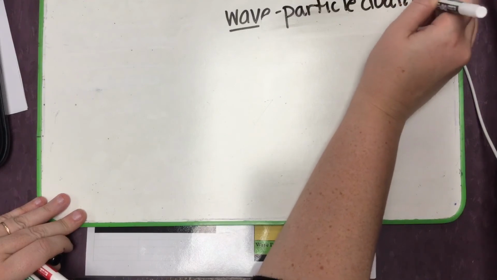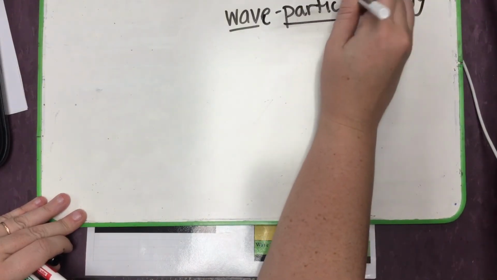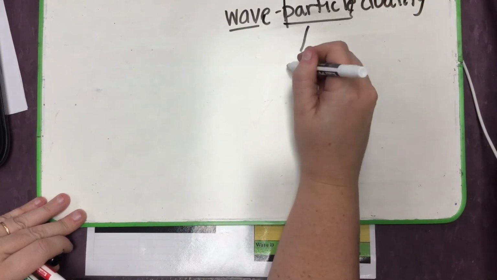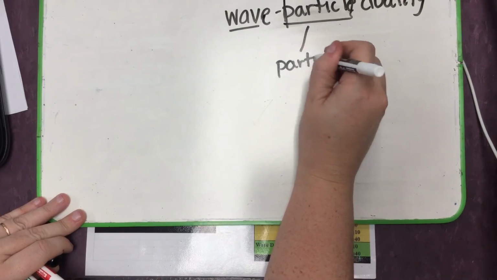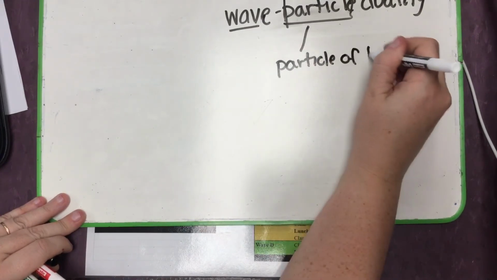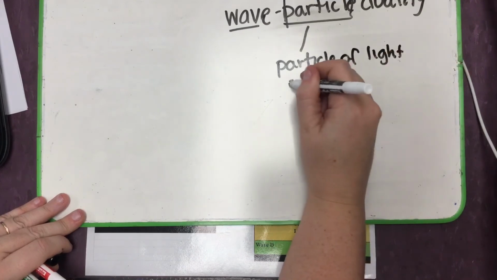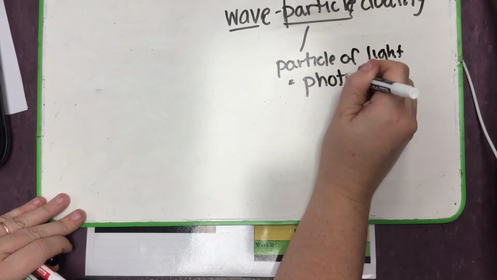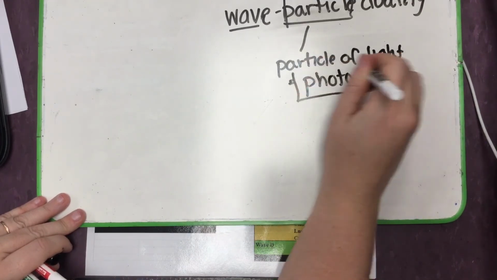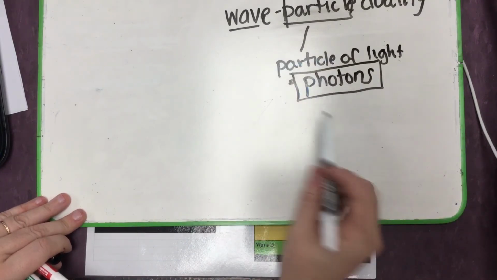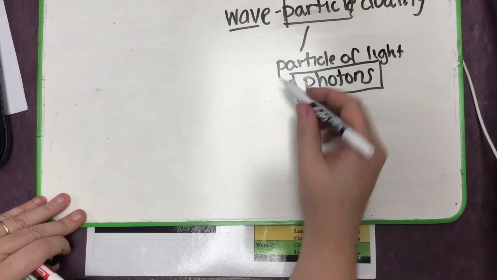There we go, wave-particle duality. These particles of light are known as photons. And that's a word we're going to come back to later, so make sure you have that one down. Photons are just a particle of light.